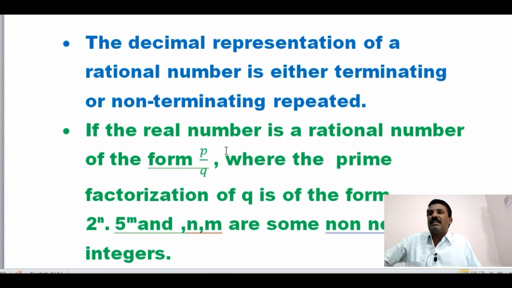Suppose the given real number is a rational number. How do you identify it?